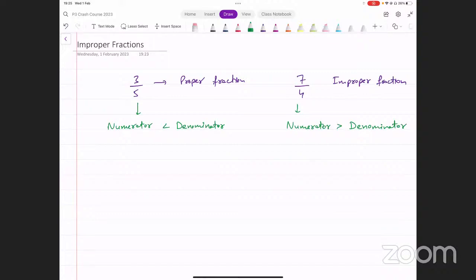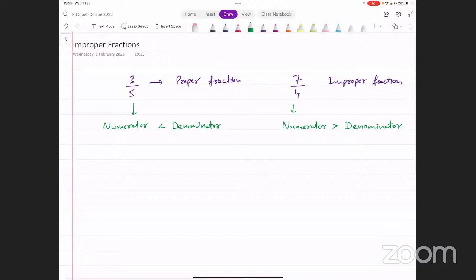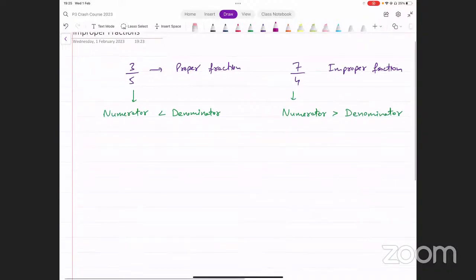Now, when we talk about polynomials, we actually look at the degree of the polynomial to decide whether that fraction is a proper fraction or an improper fraction. So first of all, what is the degree of a polynomial? Let me write that down in case you've forgotten. Degree of a polynomial.